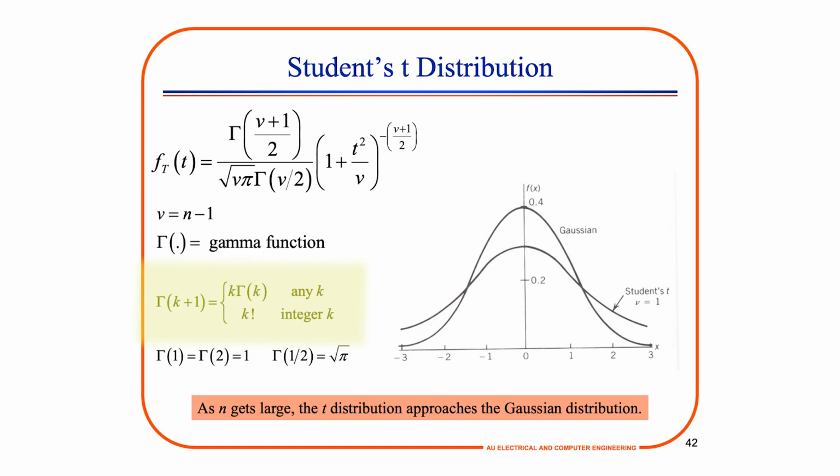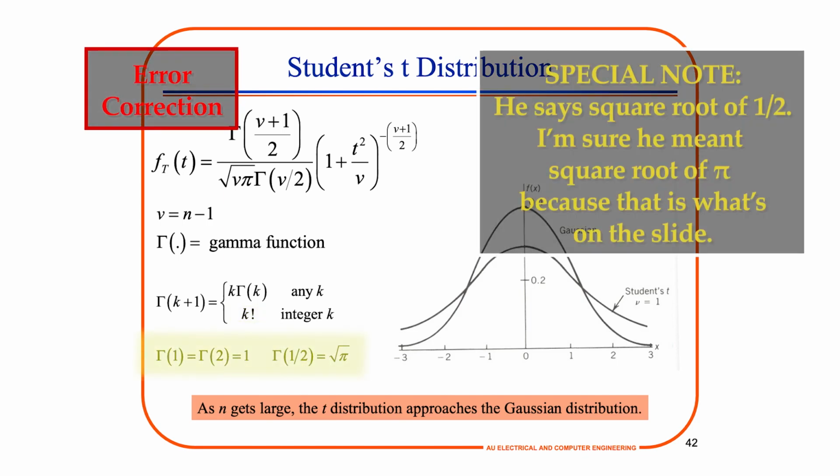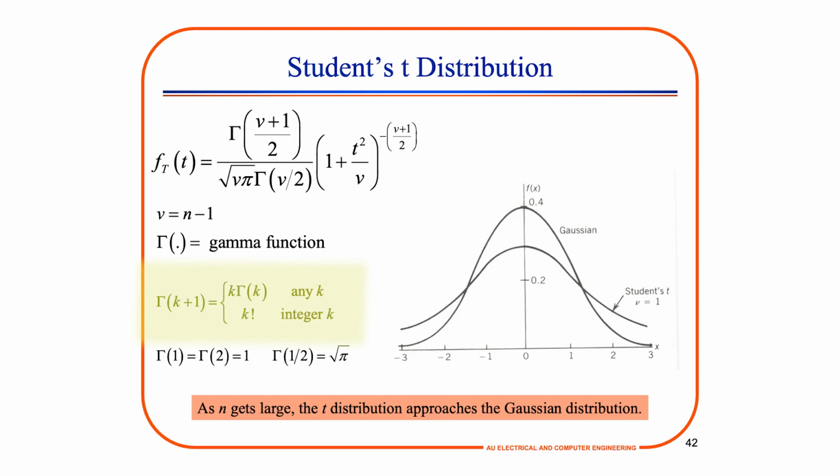It's just k factorial if k is an integer, which is nice, because that happens a lot. Also, the gamma function of 1 is 1, the same as the gamma function of 2. Think about k factorial. And the gamma function of 1/2 is the square root of pi. This is the way you can derive a lot of values by using this recursive relationship.